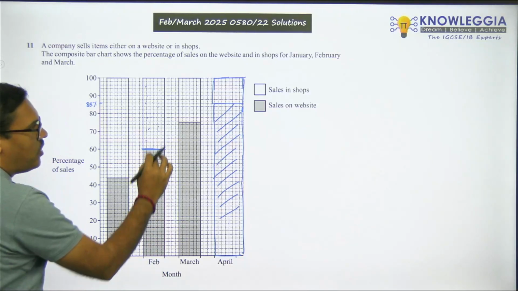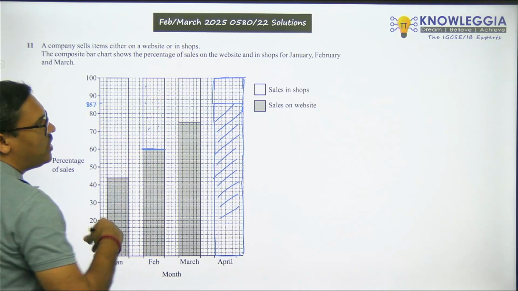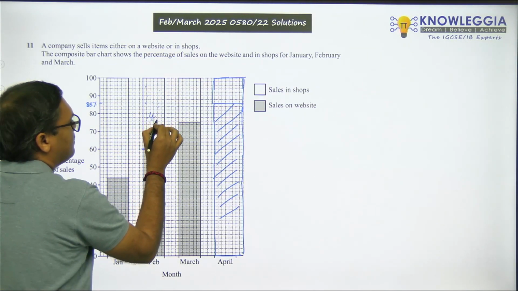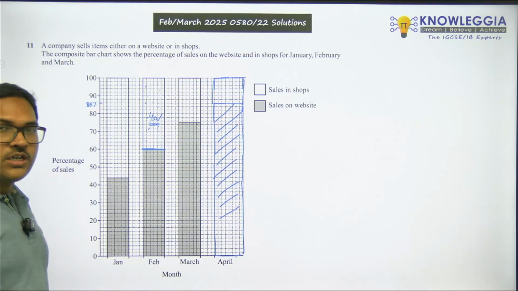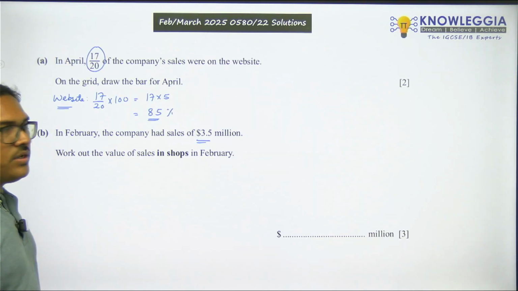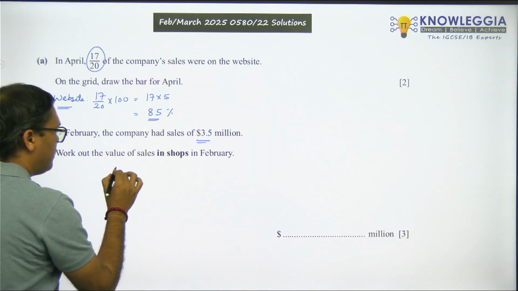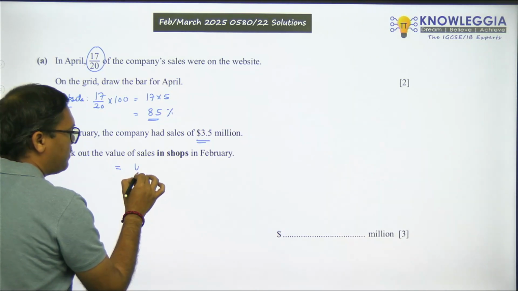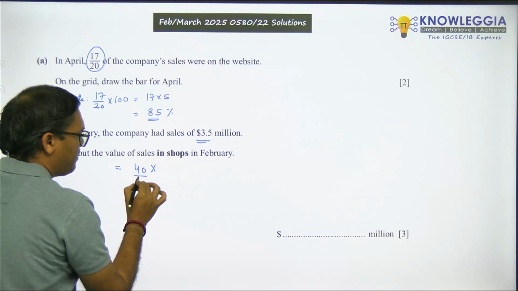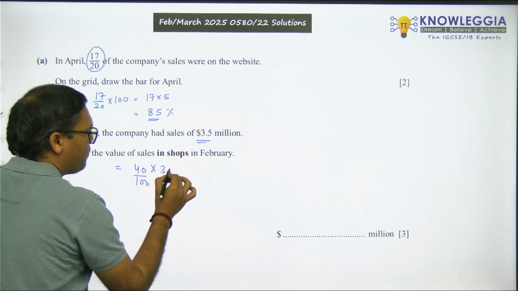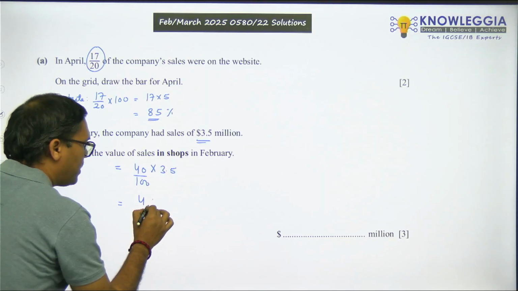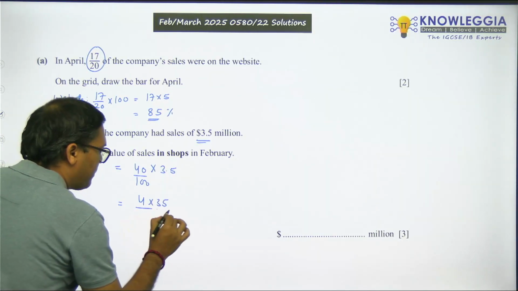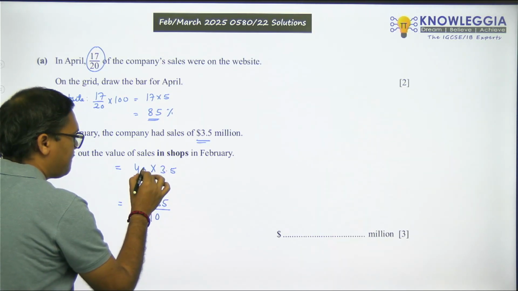So 60% is on the website, so the remaining will be in the shops. So this is 40%. This is 60%, this is 40%. So 40% of the sales is in the shops. So 40% of what? You have to find the value of the sales. This is 40% of 3.5 million dollars. So what is this? This is 4 into 35 divided by, I can cancel this.